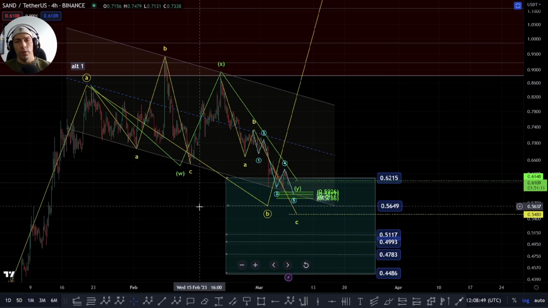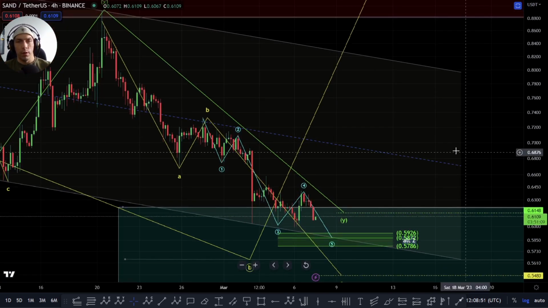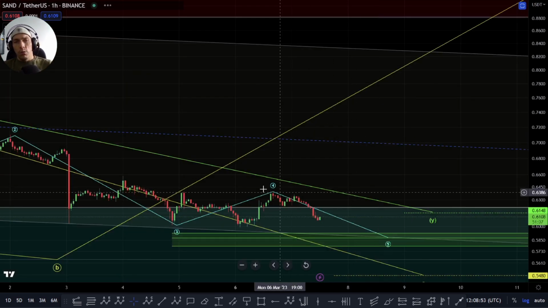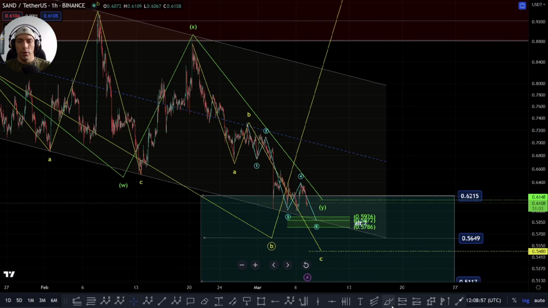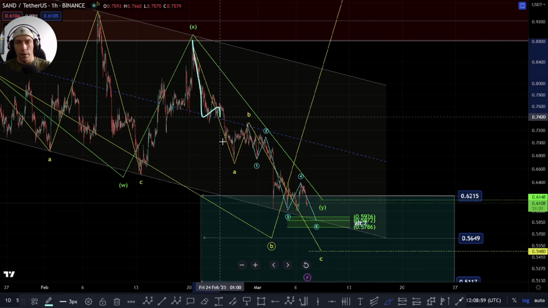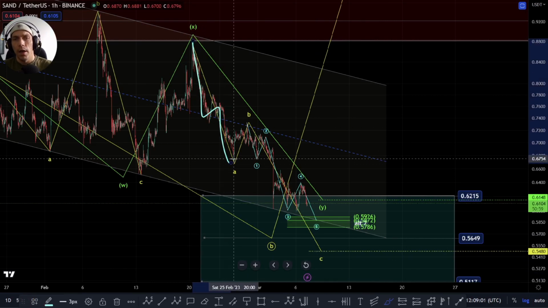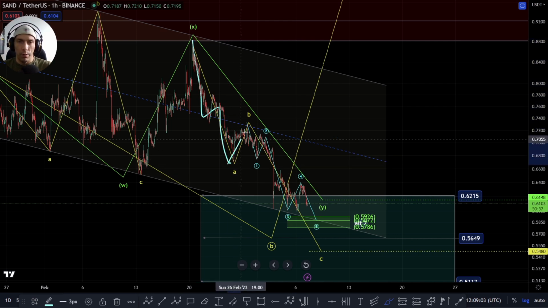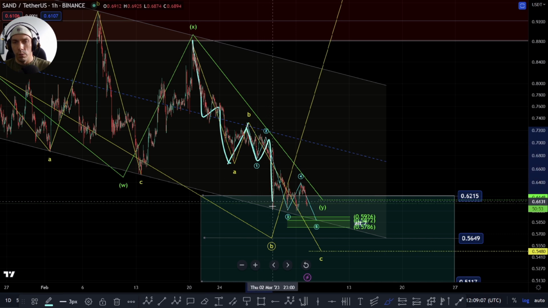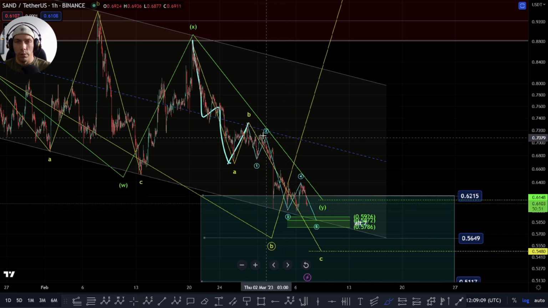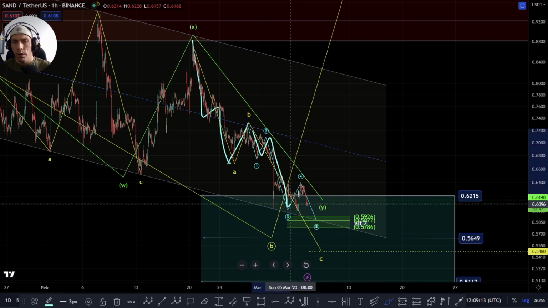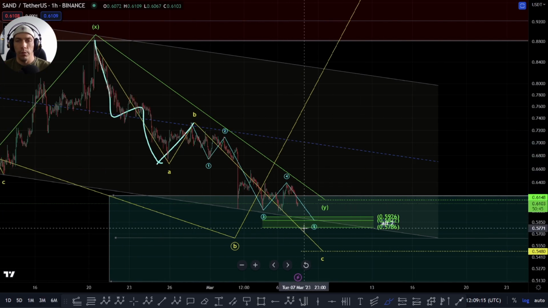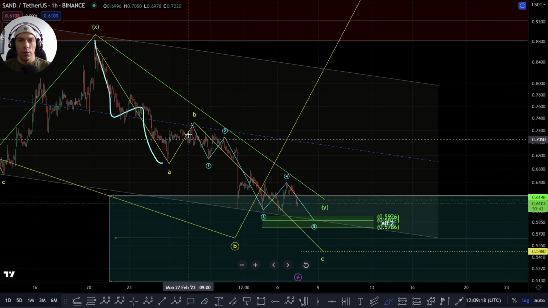Okay, so within this, this move over here is a bit tricky to count, because we can potentially count this as an A, a B, and a C into here for an A wave. And then effectively what we could have is this is just a B wave connector in here, and then 1, 2, 3 into this low. So it'd be a 1, 2, 3, 4, and then we're looking for this fifth wave potential here. So this is still possible.